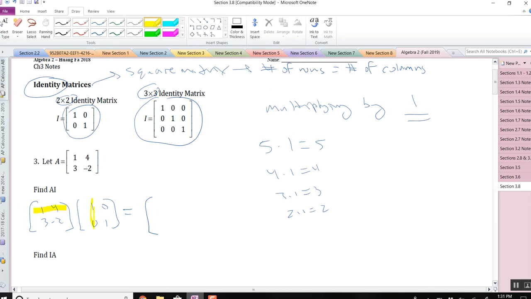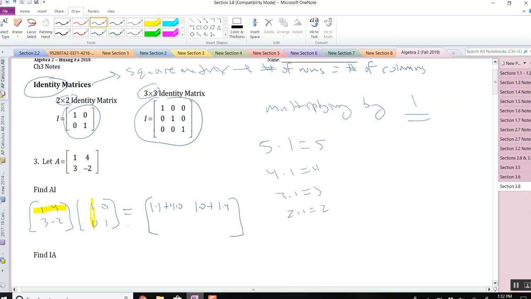So we have this row, this column. If we multiply that out, that's 1 times 1 plus 4 times 0. Then multiply the first row by the second column. So that's 1 times 0 plus 1 times 4.